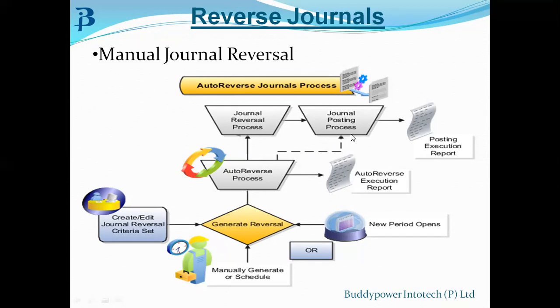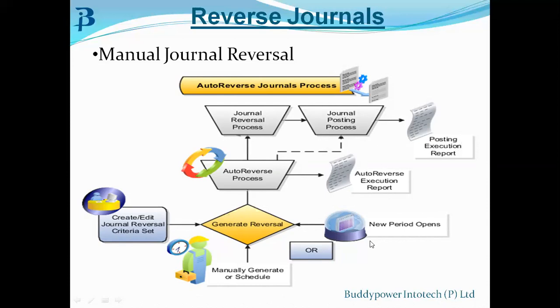Then after this, the auto post execution report is created, which helps you in diagnosing if there are any problems in auto reversal, or if you have to verify that all journals were posted and processed properly or not. So that report is generated after your journal entries are reversed, which is called the posting execution report.